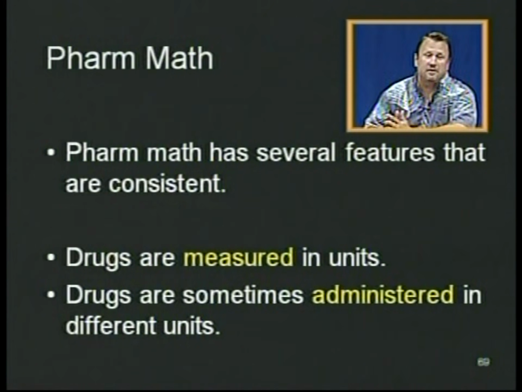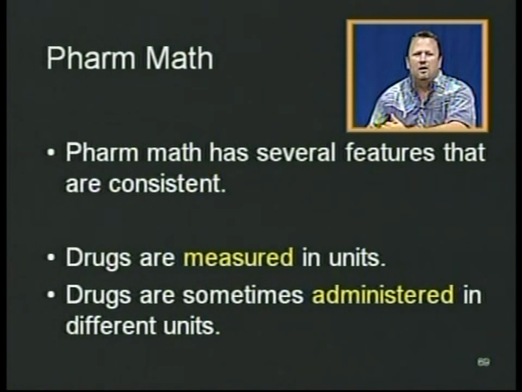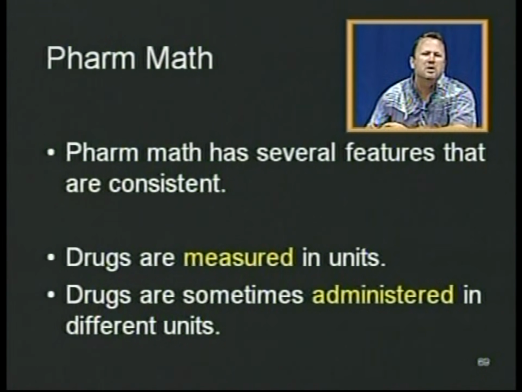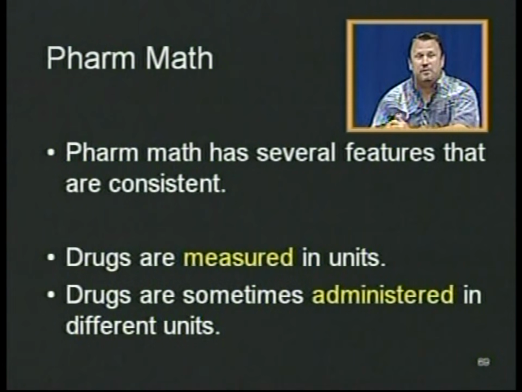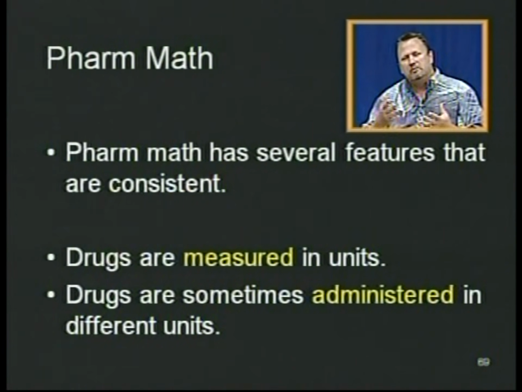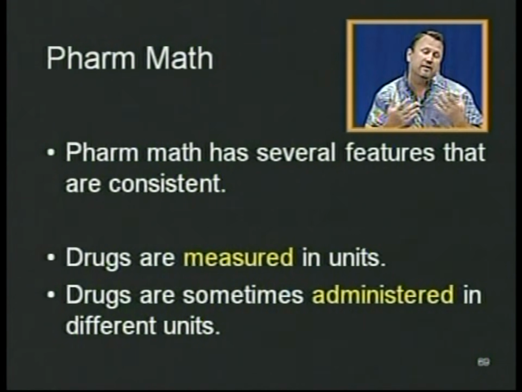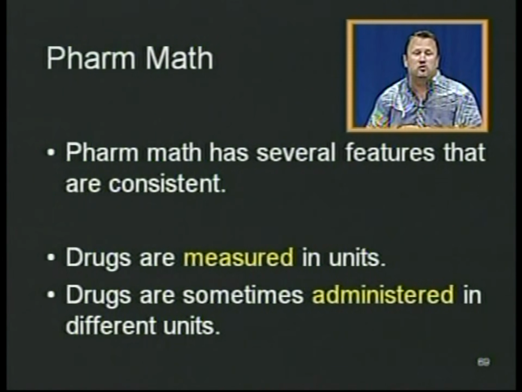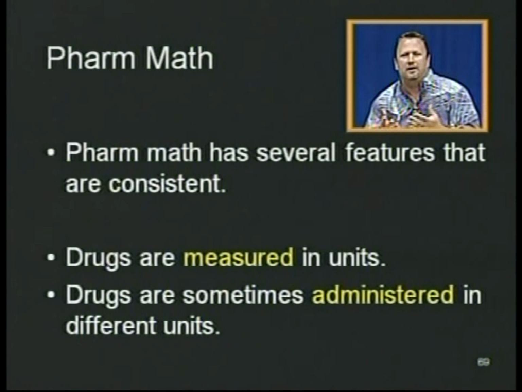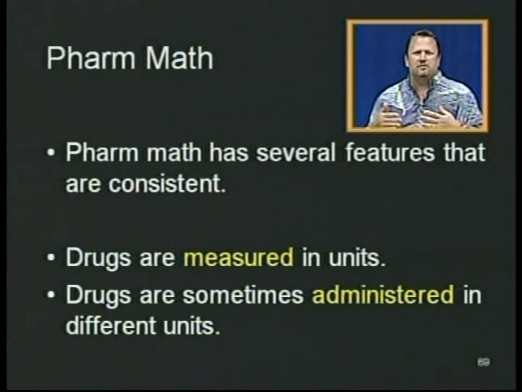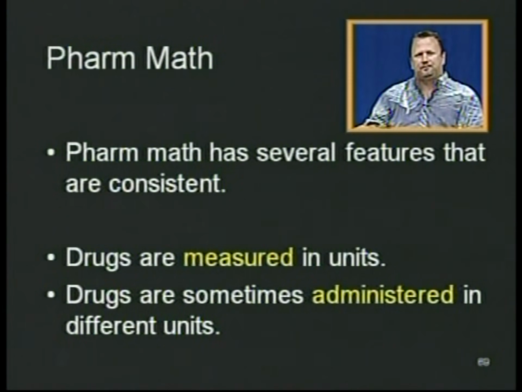Drugs are going to be measured in some kind of unit. And then one of the problems people have is the drugs are administered in a different unit. So sometimes drugs will come in milligrams, and yet it'll be suspended in a liquid that's measured in milliliters. And to give so many milligrams of a drug that's in a liquid, we have to know how many milliliters to give. That's why it's important to know burger math.